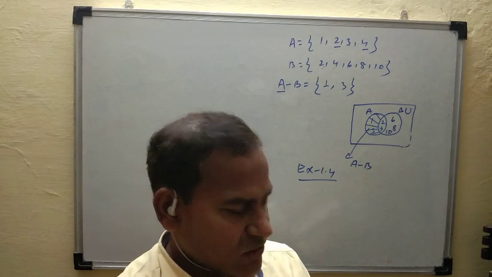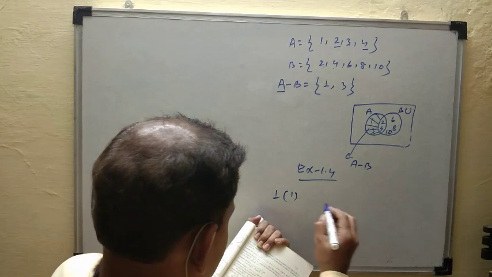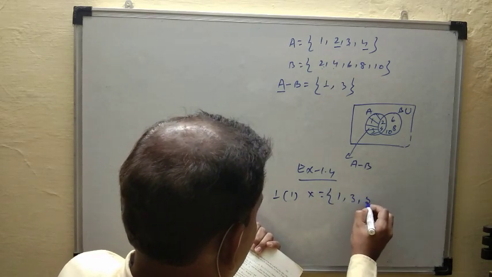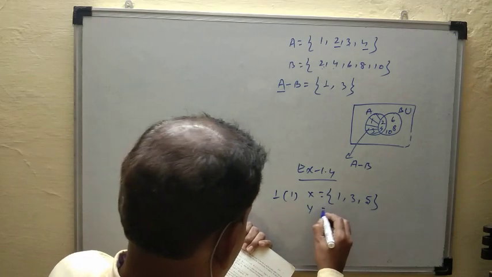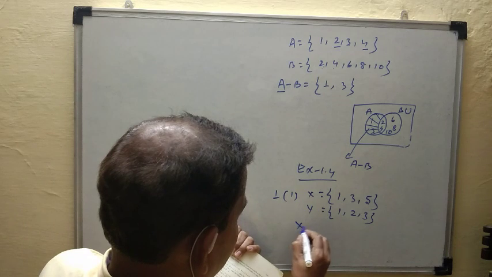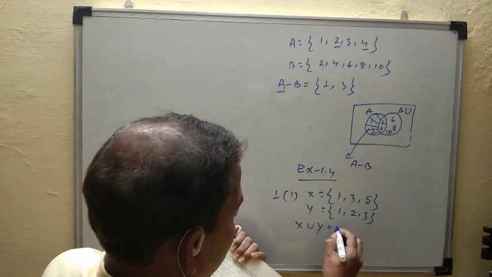So find X union Y. First question: X is {1, 3, 5} and Y is {1, 2, 3}. Find X union Y, read as X union Y.